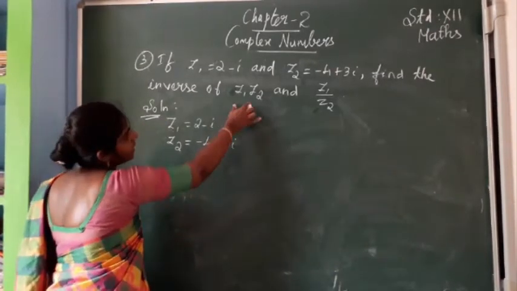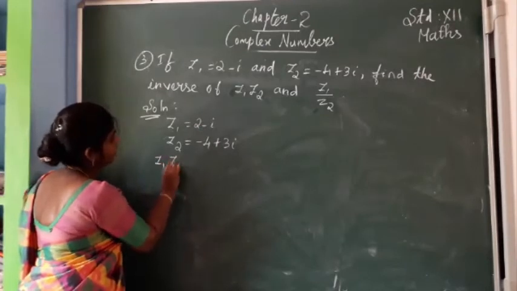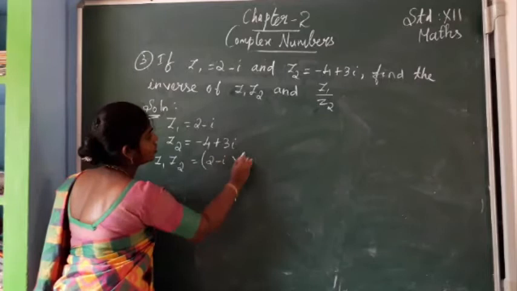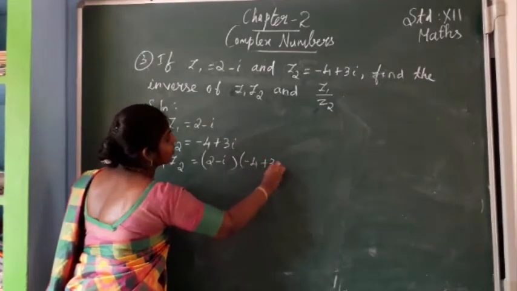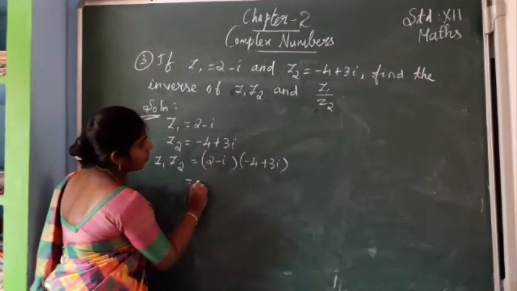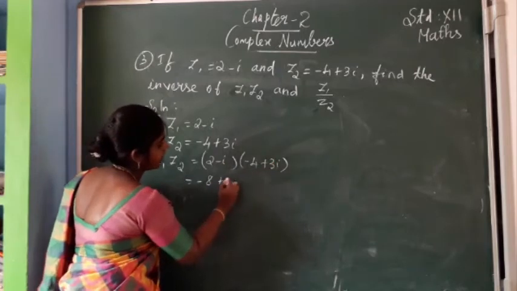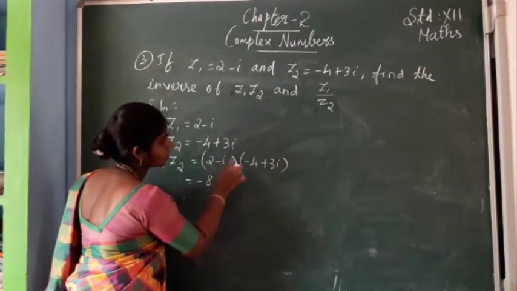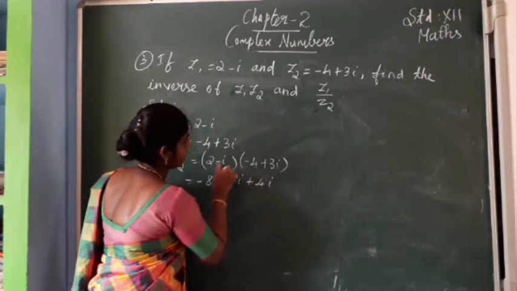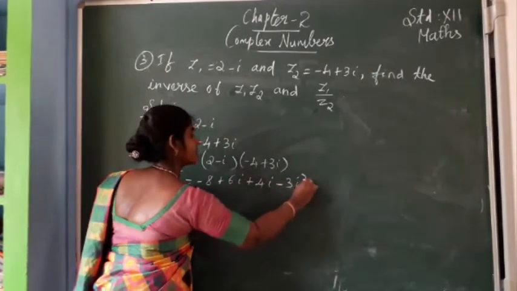We have to find, first we have to find z1 into z2. z1 into z2 is equal to 2 minus i into minus 4 plus 3i. That's equal to 2 into minus 4, minus 8, plus 2 into 3i, 6i, minus into minus plus i into 4, 4i, minus into plus minus 3i square.